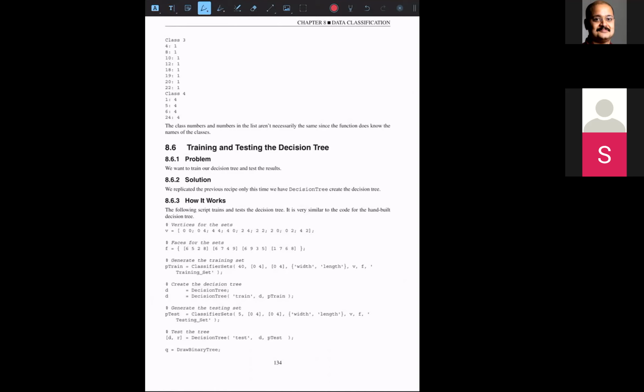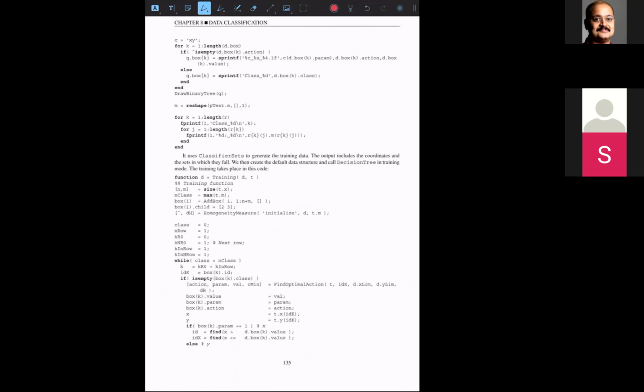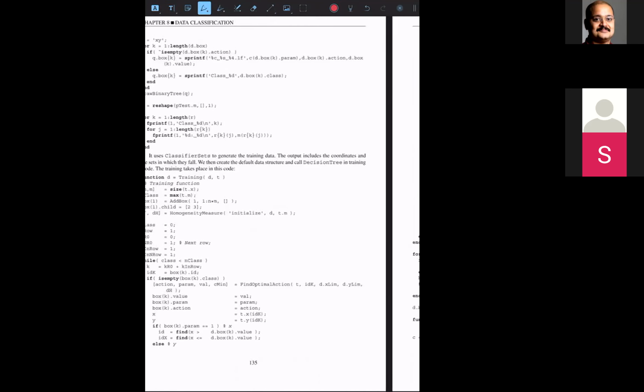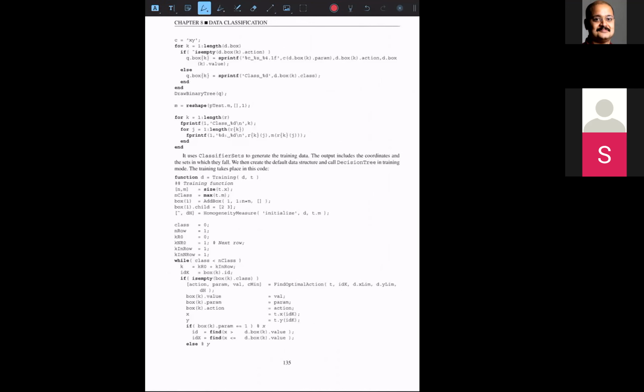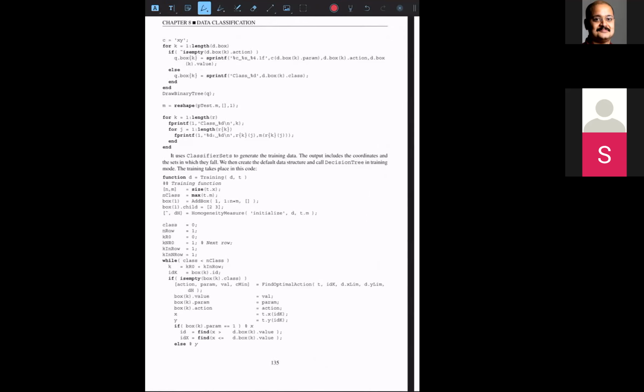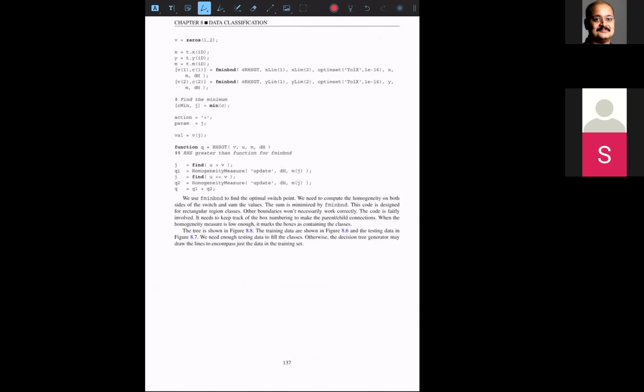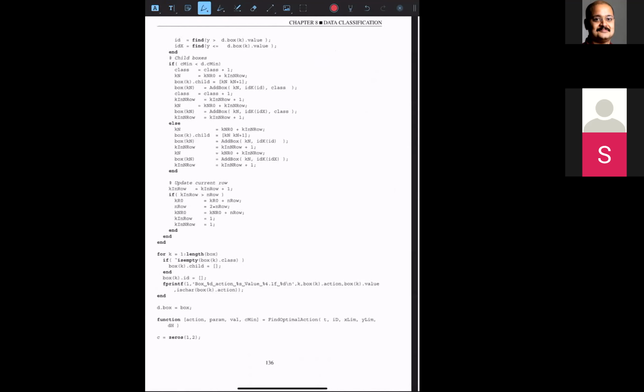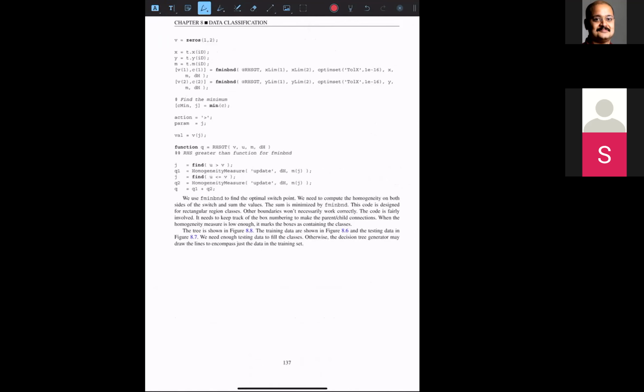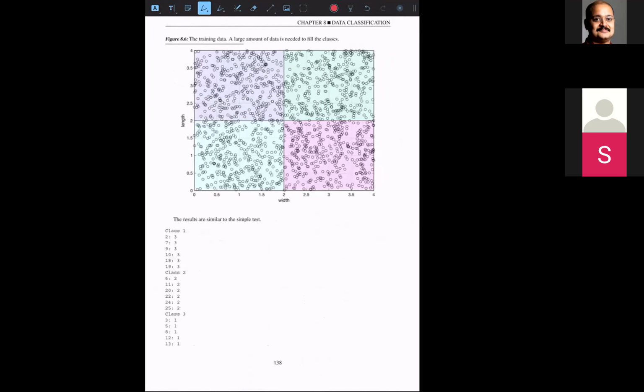But here we are not going to manually decide the threshold. We will run that through the code, and the code will actually use the function training, and the training function will actually decide the threshold. And again, you will have to solve an optimization problem there to find out those thresholds.